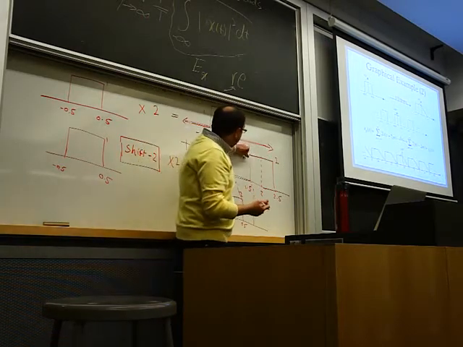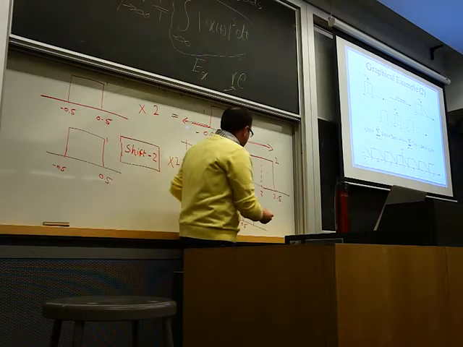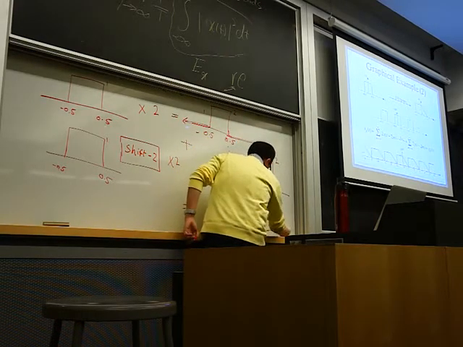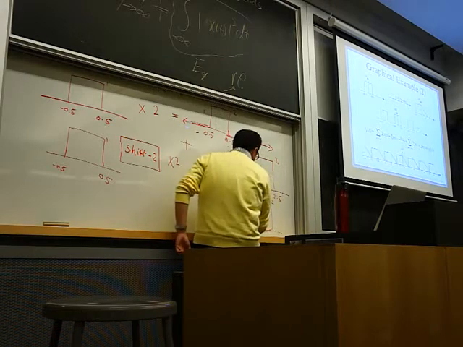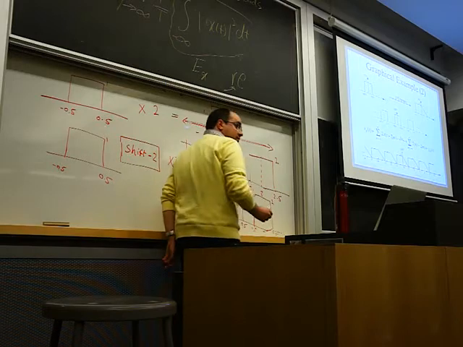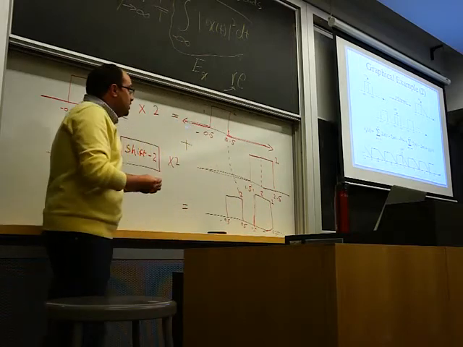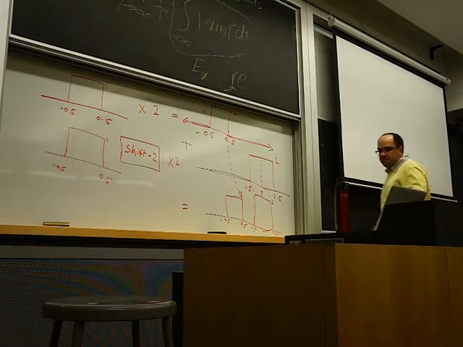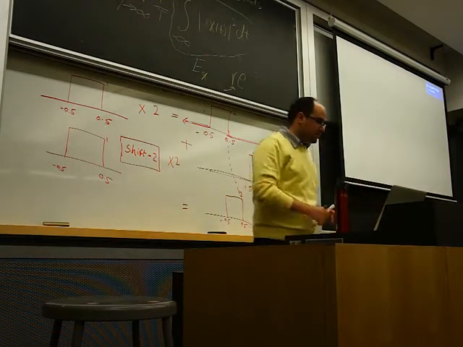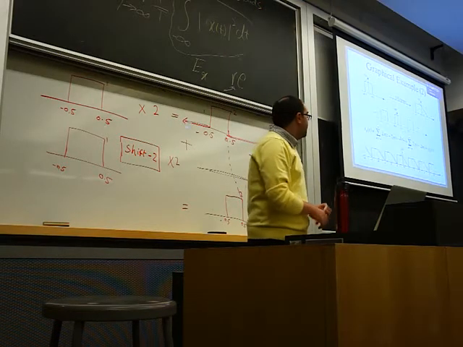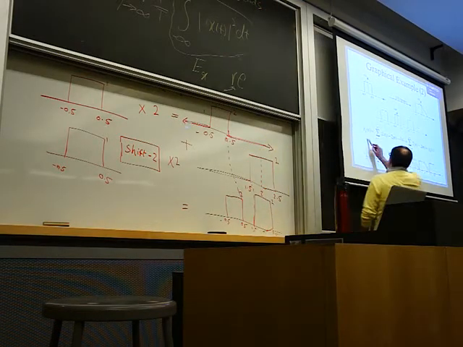And here is 1, here is 0. When you add the 2, you get another non-zero value, which is 2 between 1.5 and 2.5. Okay? So if you do this individually for all values of n from minus infinity to infinity, you get your periodic signal. Okay? You get your periodic signal.